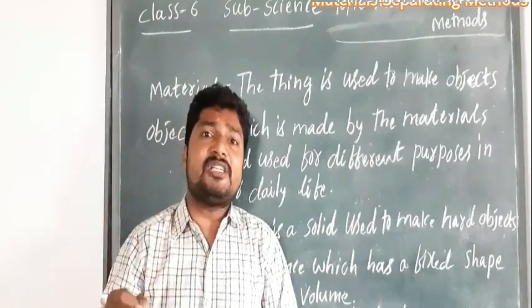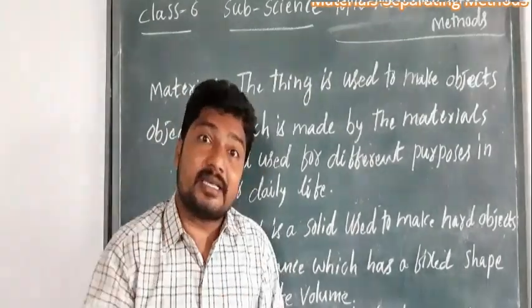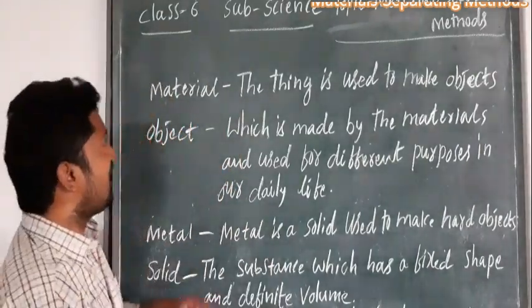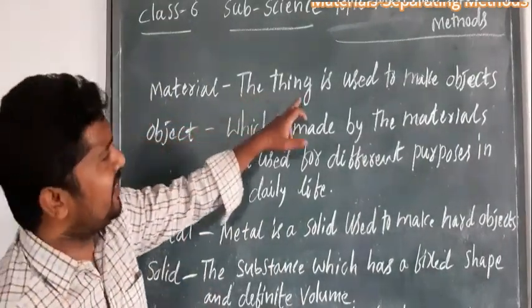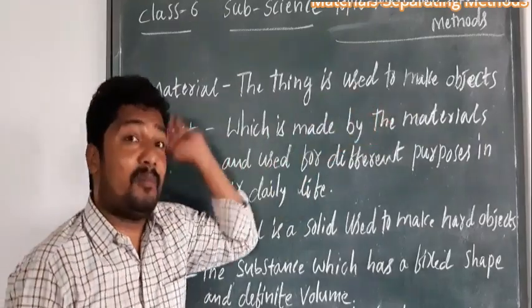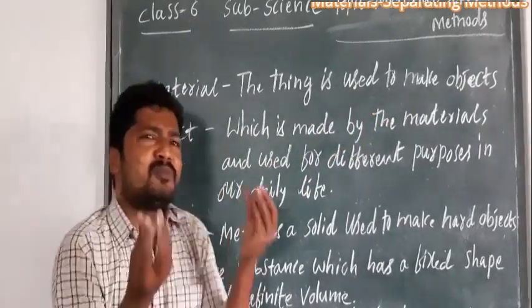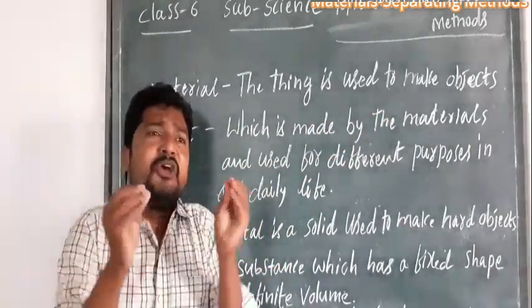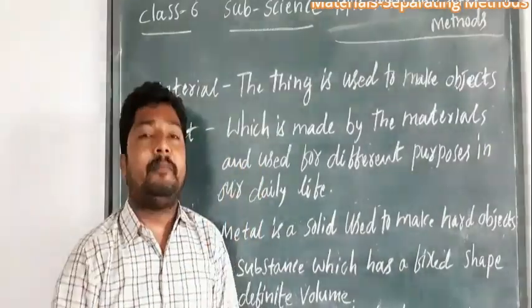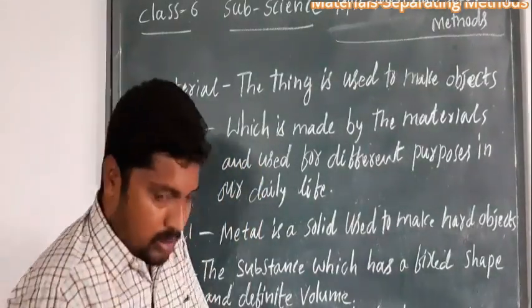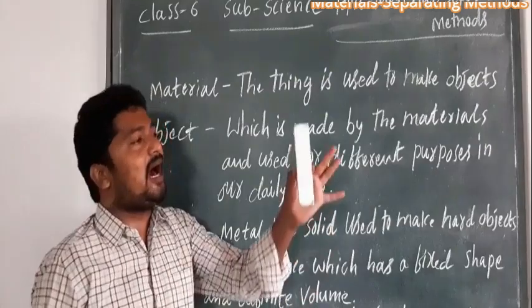Let's see what a material is. The material is the thing used to make an object. So small materials are used to make one object. For example, we have this duster.